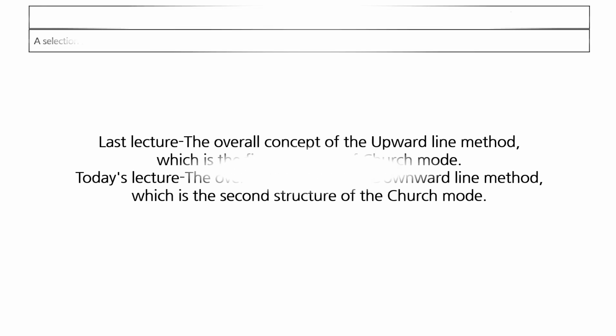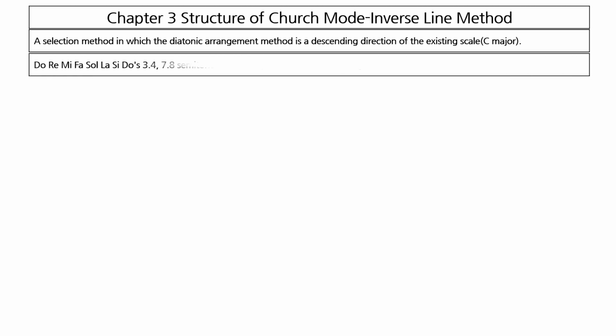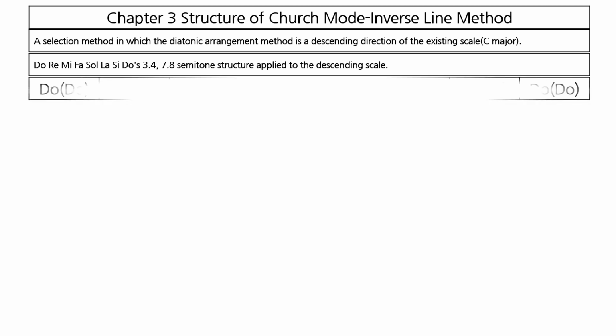Inverse line method refers to the line method in which the diatonic arrangement method in the score is the descending direction of the existing scale, that is, C major. This is to apply the 3-4-7-8 semitone structure of do, la, mi, fa, sol, la, si and do to the descending scale.